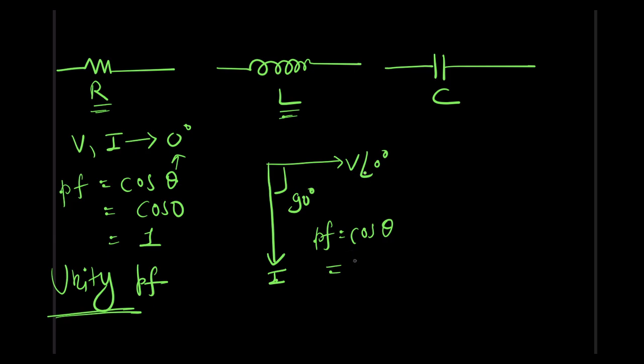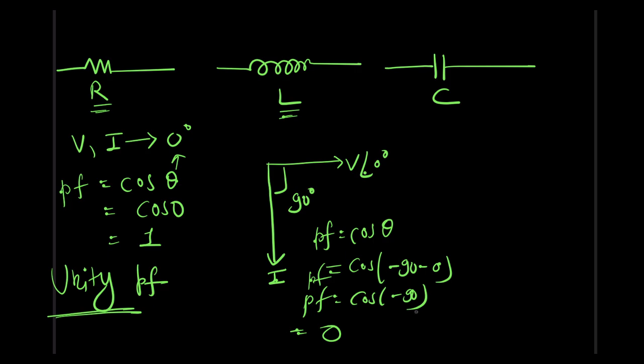Angle of current is minus 90 and angle of voltage is 0. Power factor will be cos of minus 90. It will be 0. Cos of 90 is 0. Due to this negative sign, it will be lagging in nature. So in case of purely inductive circuit, power factor will be 0 lagging.